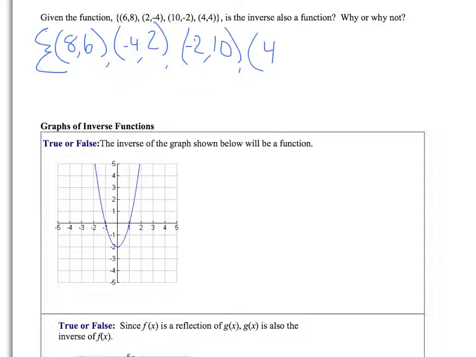And 4, 4 flipped becomes 4, 4. It wants to know, is that inverse a function? It is a function if all of the x values only have one y value paired to it. And in this case, that is true. So yes, and it wants to know why, because each x value has one unique y value.